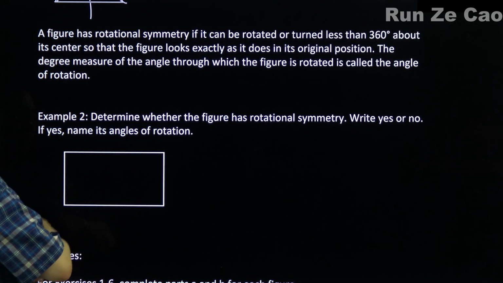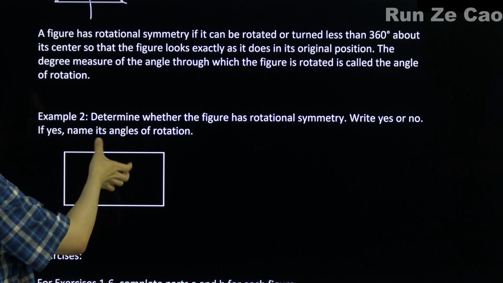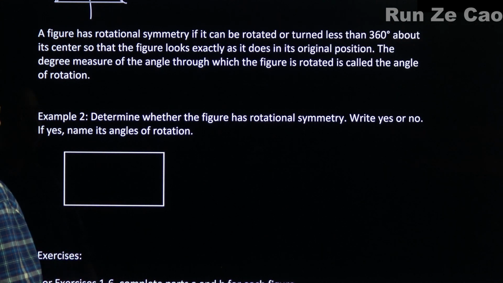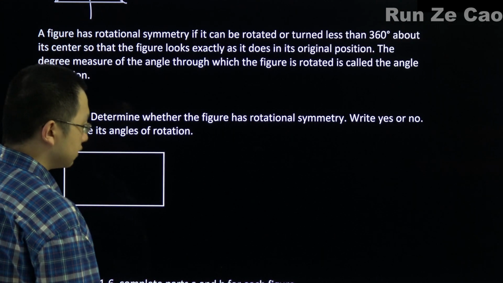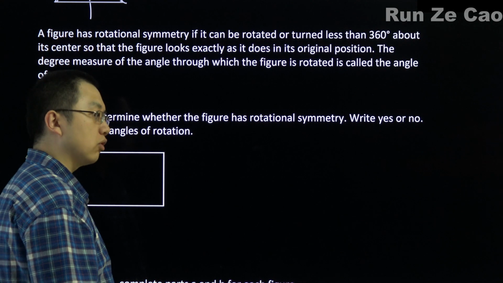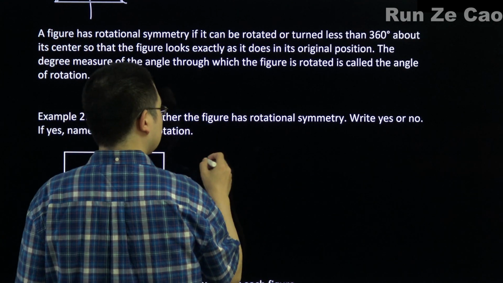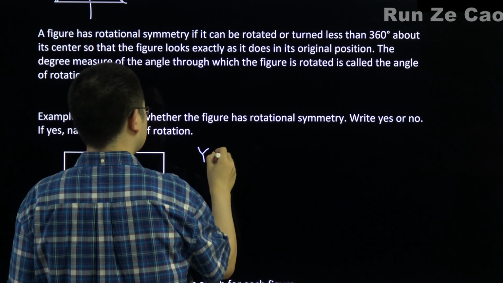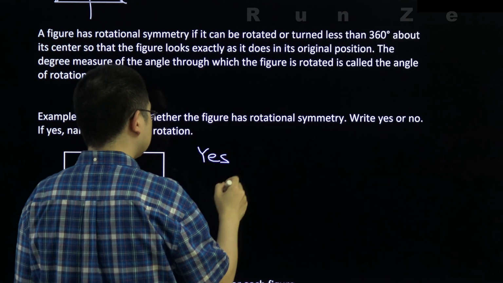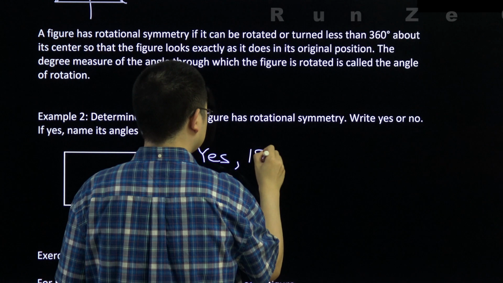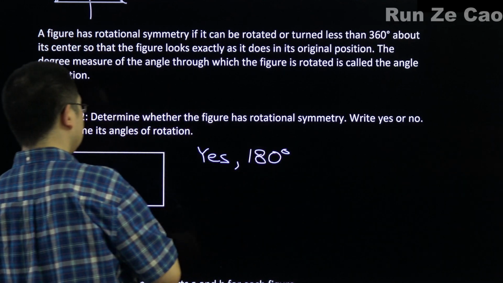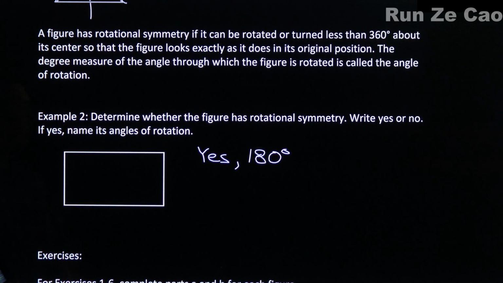This figure, what happens if you turn it over? Oh, it matches up. Just like all parallelograms do. So, it has rotational symmetry. And it has to be rotated 180 degrees to line up with itself.